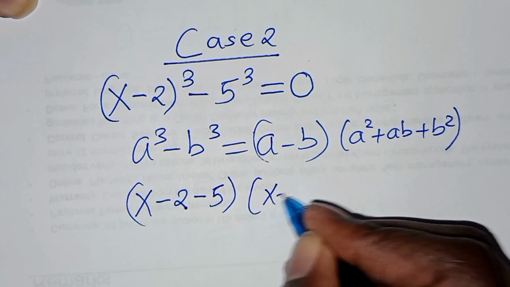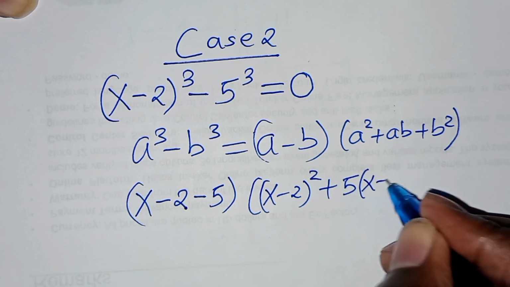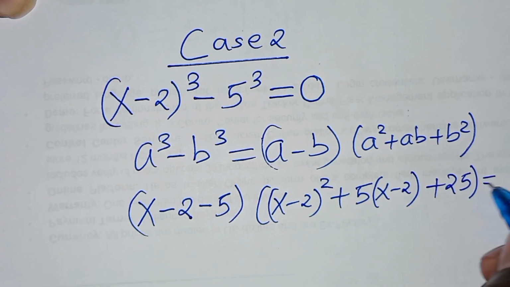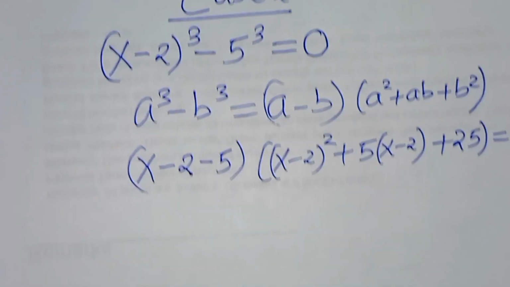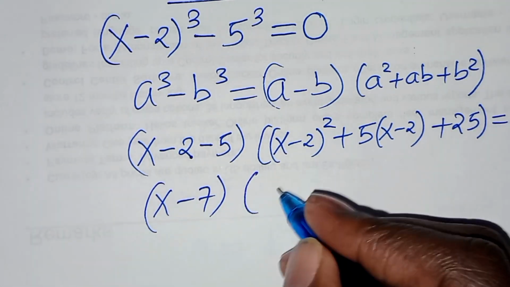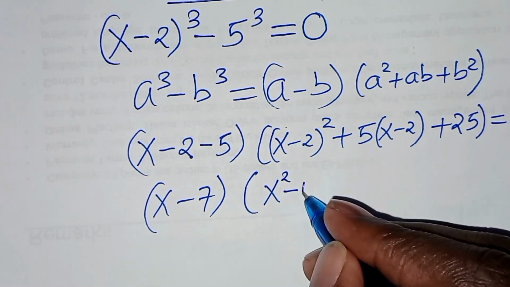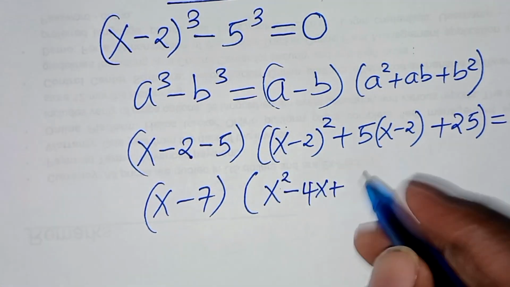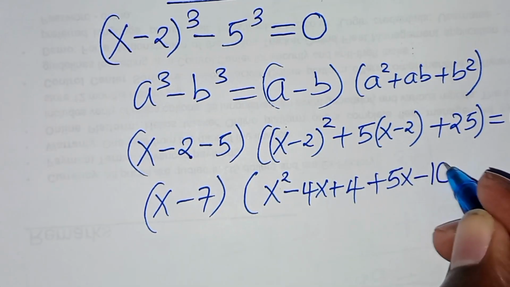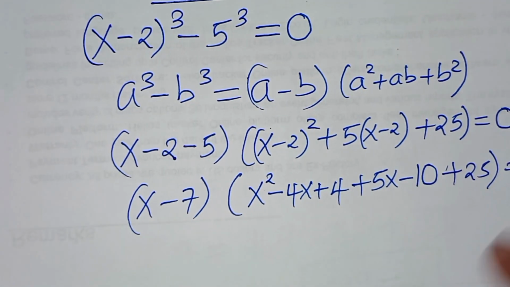then you have x minus 2 squared plus 5 times x minus 2 plus 5 squared, which is 25, and this is equal to 0. So you have x minus 7, and here we have x squared minus 4x plus minus 2 squared, this is 4, plus 5x subtract 10, that is 5 times minus 2, then plus 25, equal to 0.